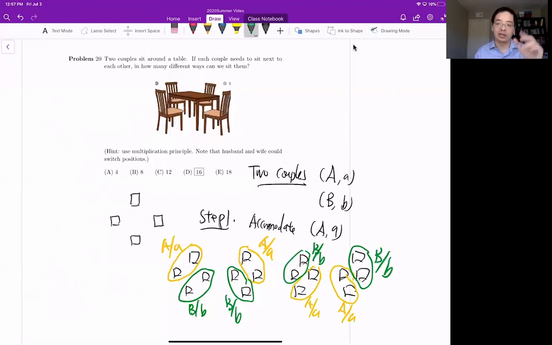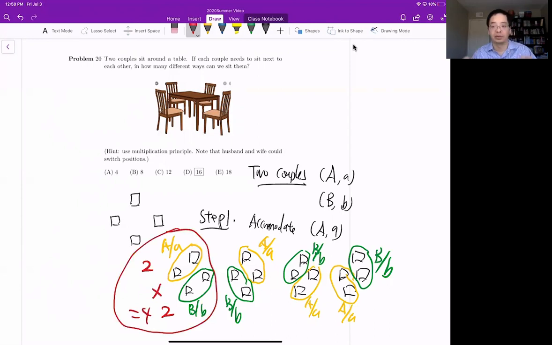Because husband and wife can switch positions, I have 2 ways for the first couple and 2 ways for the second couple, so you multiply together and have 4 ways for each arrangement. This is the multiplication principle. If I have different steps to accomplish a mission, and each step has a number of different ways, then the total number of ways is the product.